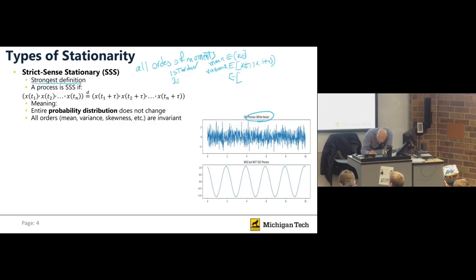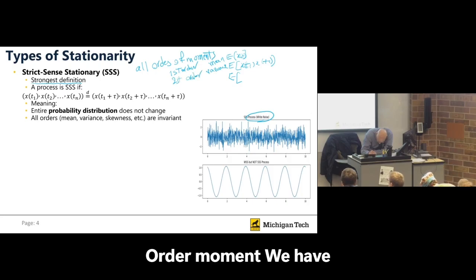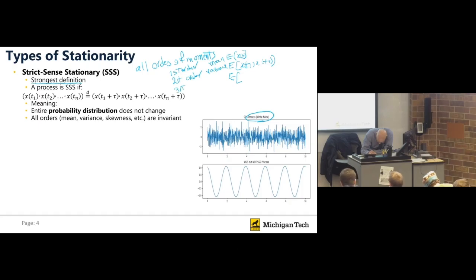We have also third order moment. It's called skewness. So it's x t1, x t2, x t3.